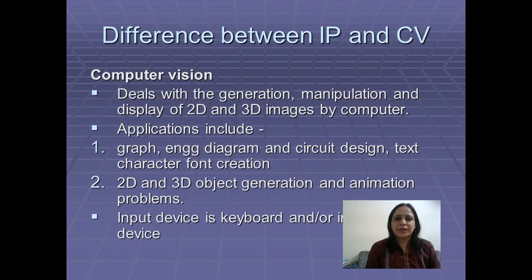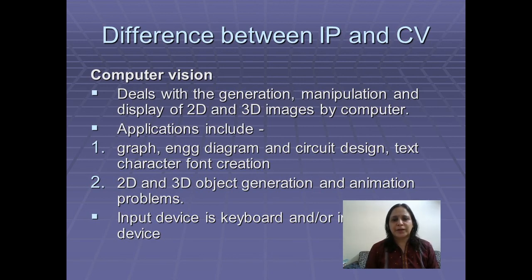Computer graphics deals with the generation, manipulation and display of 2D and 3D images. Its application areas include graphs, engineering diagrams, text or character creation, where you require certain analysis on that data, and 2D and 3D object generation.